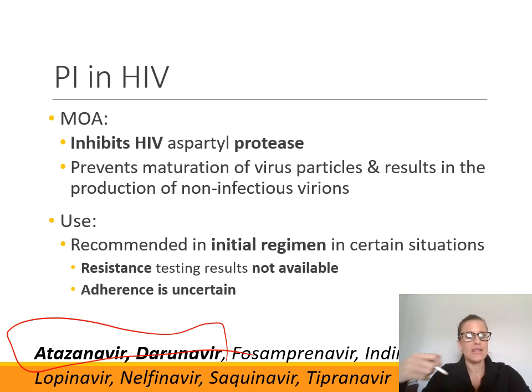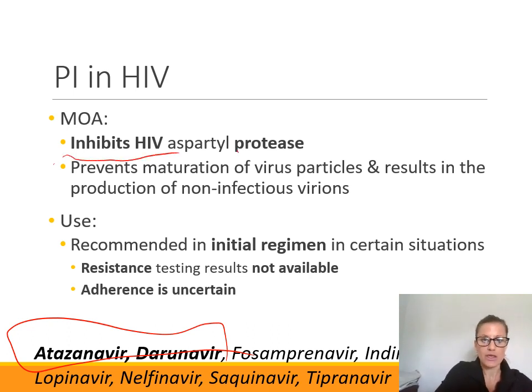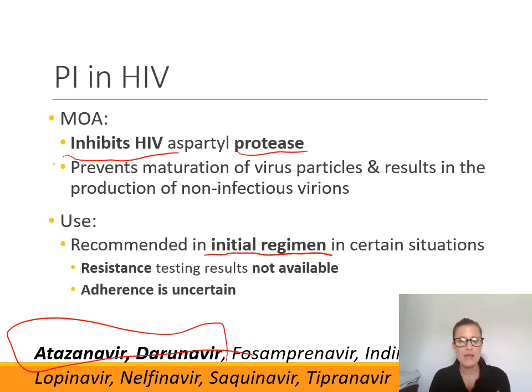Let's see, the mechanism of action: they inhibit HIV protease, and this prevents the maturation of the virus particles and results in the production of non-infectious virions. They are recommended for use in the initial antiretroviral regimen in certain situations.